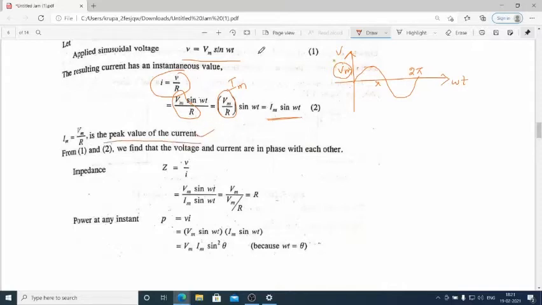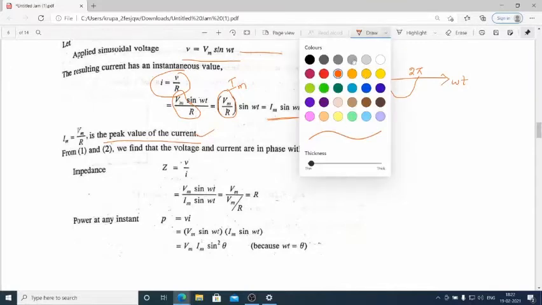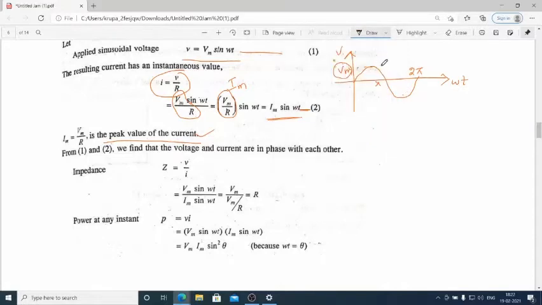So from equations 1 and 2, the first equation and the second equation, we find that the voltage and current are in phase with each other. There is no angle difference between the voltage and current. If I consider this as the voltage, the current and voltage are in phase.